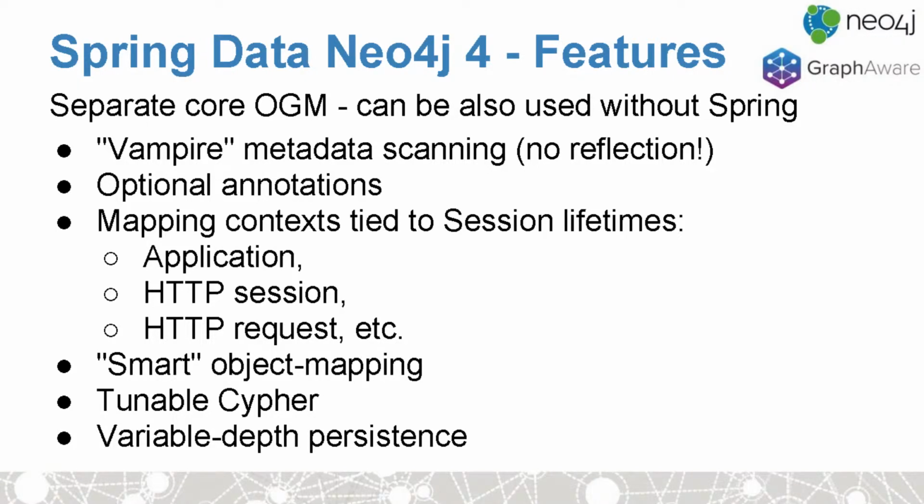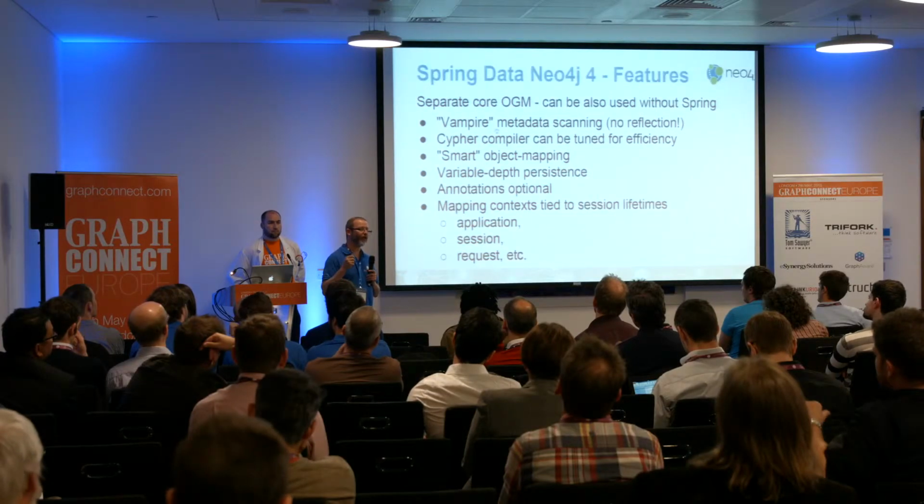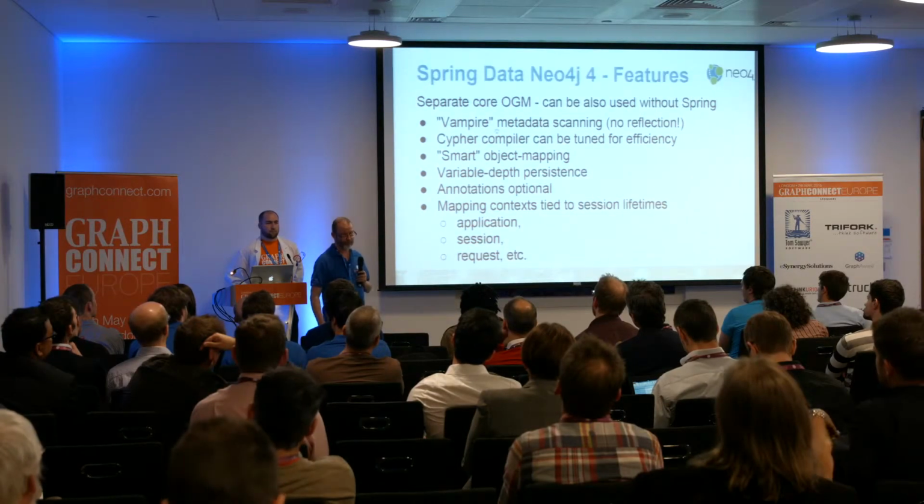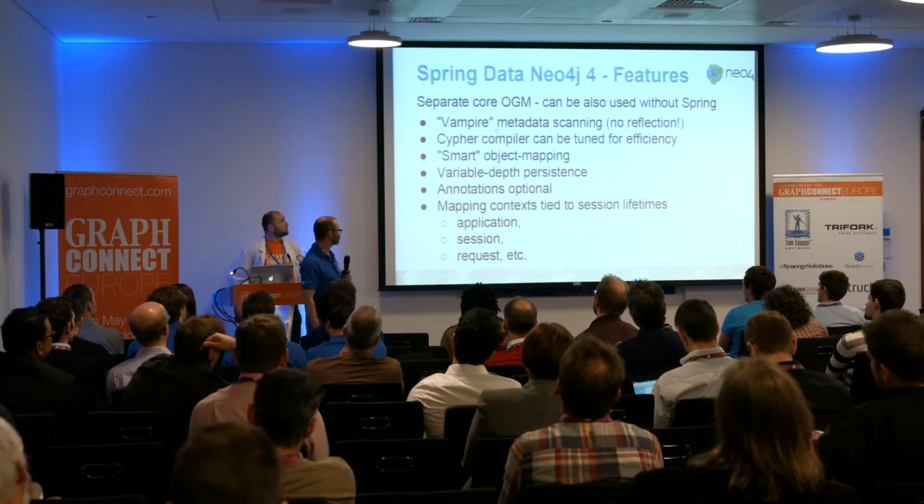So we've done a number of different things in order to really improve performance for SDN 4, given that we now have to go over the wire. The first of those is we've got what we call vampire metadata scanning. We're not using reflection to load all the metadata about your domain classes. Instead, we load the class objects directly from memory. So it's much, much faster.